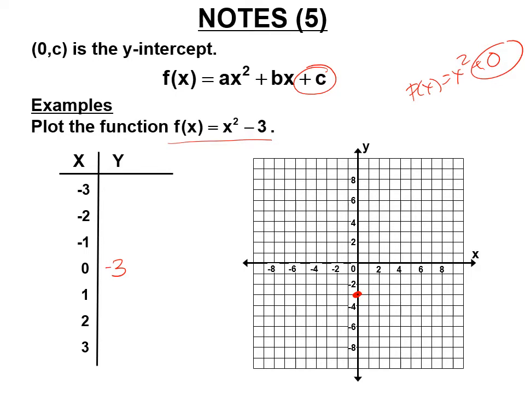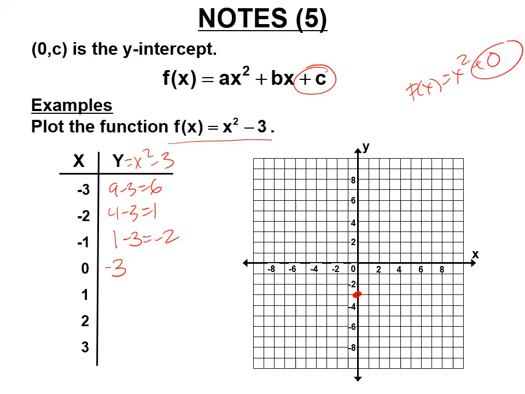But we're going to fill in the t-table just like we did last time. So -3 squared is 9. 9 minus 3 is 6. -2 squared is 4. 4 minus 3 is 1. -1 squared is 1. 1 minus 3 is -2. 0 squared minus 3 is -3.